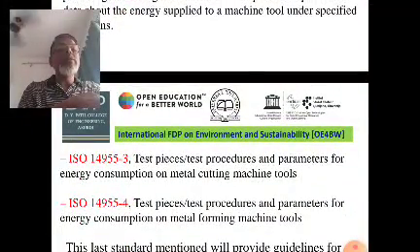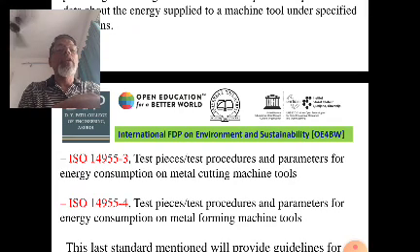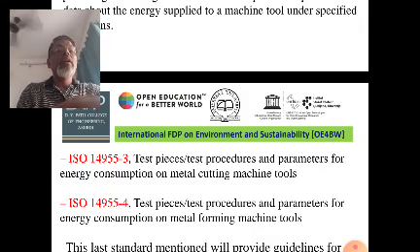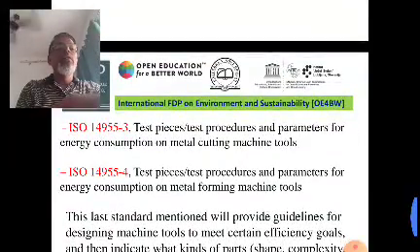Then the third part is the test pieces or test procedures and the parameters for energy consumption of metal cutting machine tools. And number 4 is the test pieces or test procedures and the parameters for energy consumption of metal forming machine tools. These are the different machine tools which we are using in the manufacturing industries. According to that, we have to classify them, and then we can find out the impact on the environment.